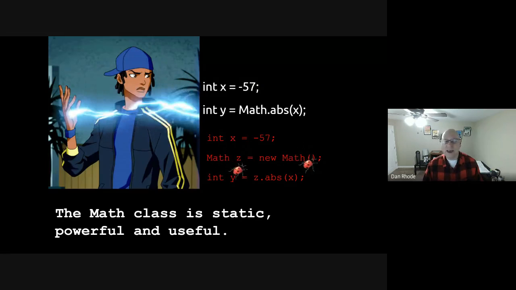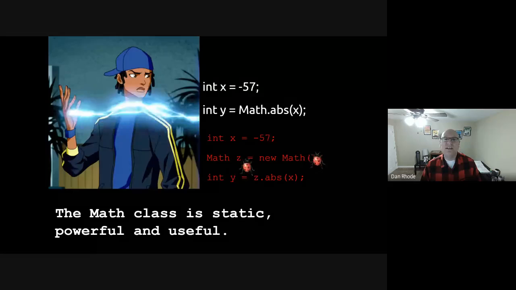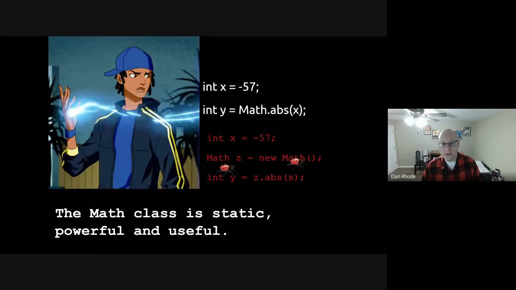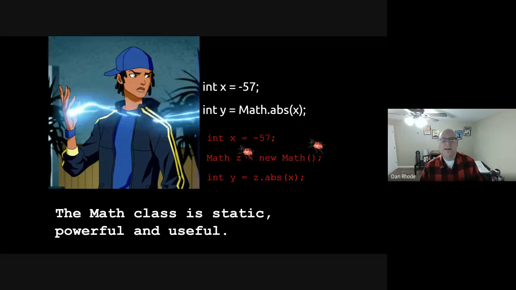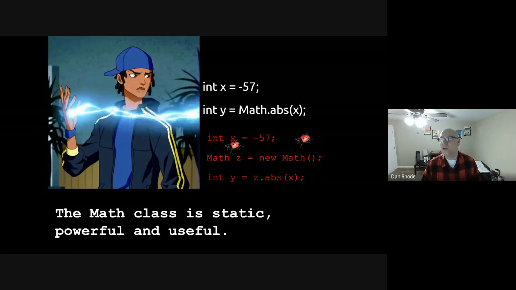In the case of the math static methods, you don't need to create an instance of math. You can just go math.abs, put in the value or put in the variable with the value, and it will return the results without having to go through this creation step, which is very useful.